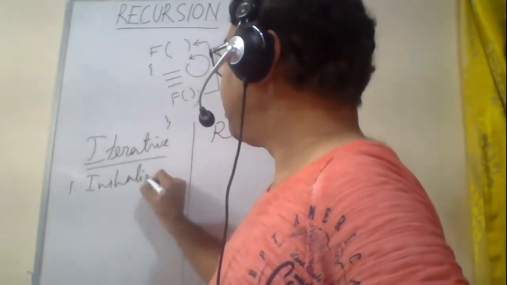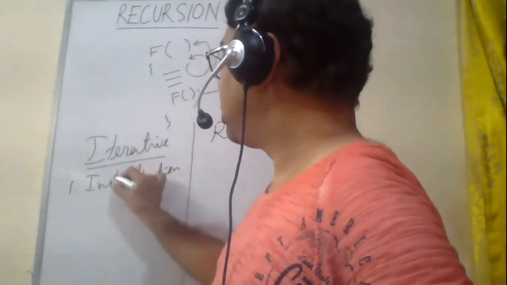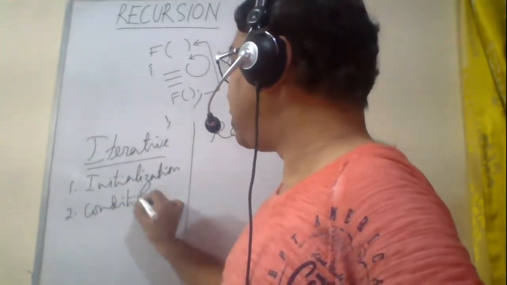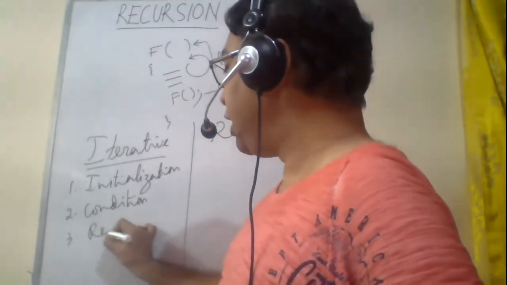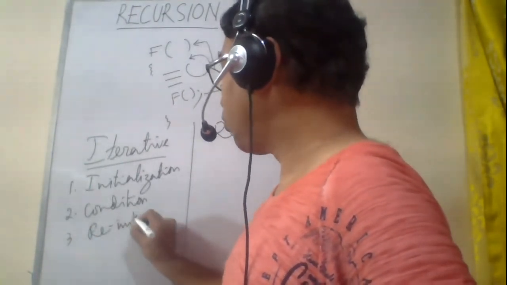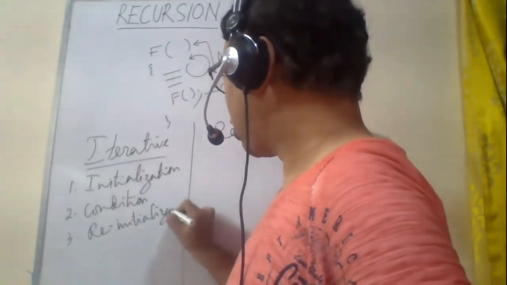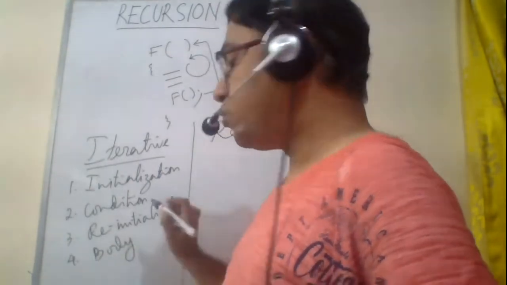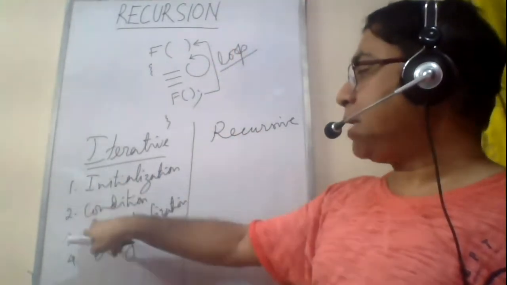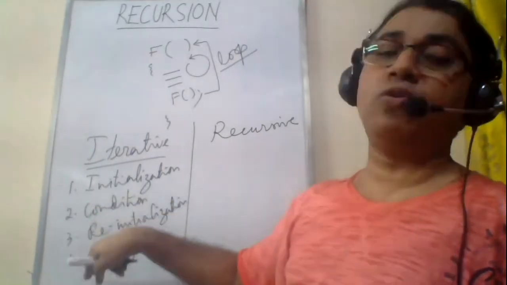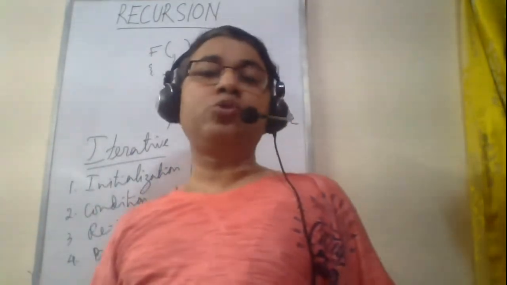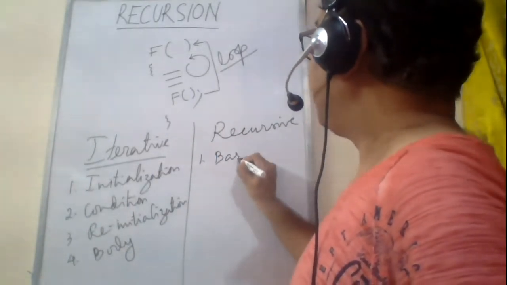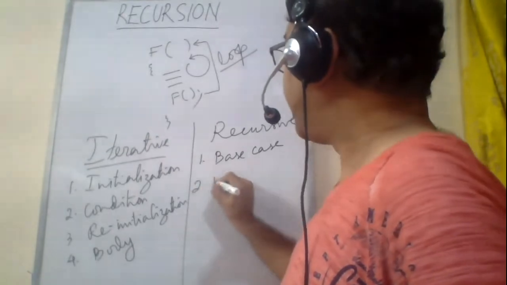Initialization of the loop, condition of the loop, that is where the loop ends, reinitialization, and finally the body of the loop. So in iterative part, we basically look into these four factors. Now a recursive function has only two parts, base case and recursive case.